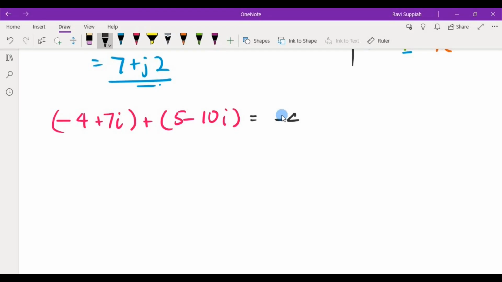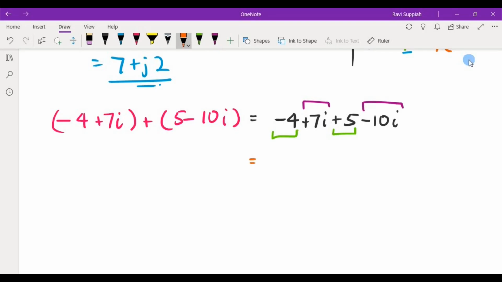So I'm going to open up all the brackets first. So I'll have negative 4, plus 7i. For this bracket, since the sign outside is positive, nothing changes because positive times positive is still positive and positive times negative is negative. So the real parts are here and the imaginary parts are here.